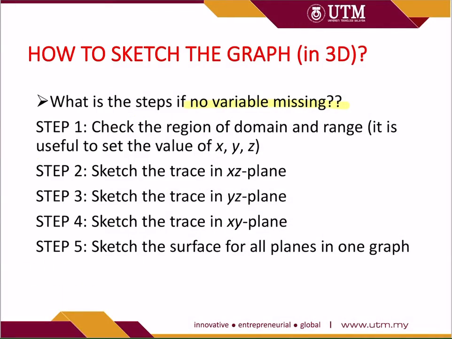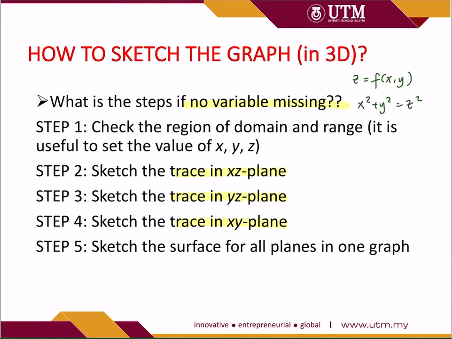Alright, so if there is no variable missing, we need to sketch the trace for all planes, because our variable will be z equal to f(x, y). For example, x squared plus y squared equal to z squared. Meaning there is no variable missing, everything is there, x, y, and z.